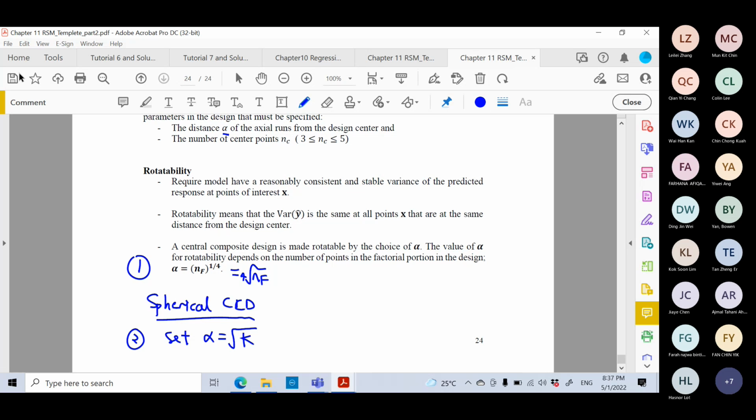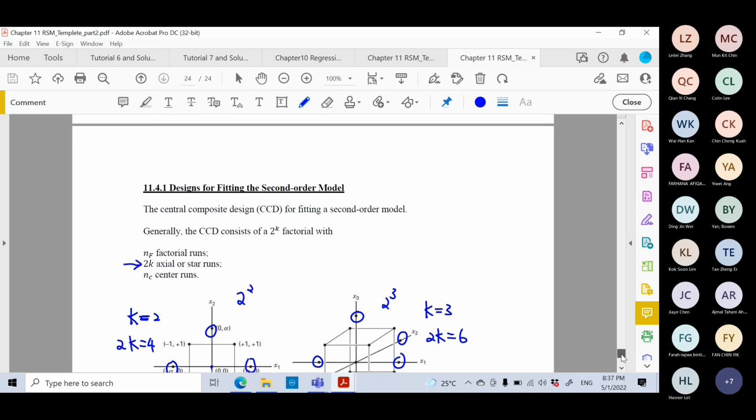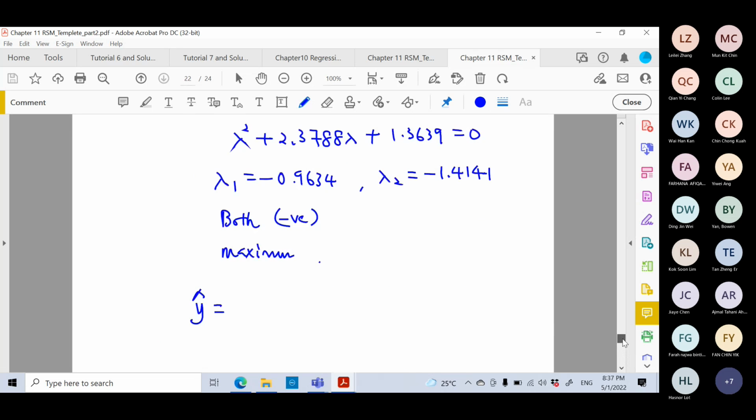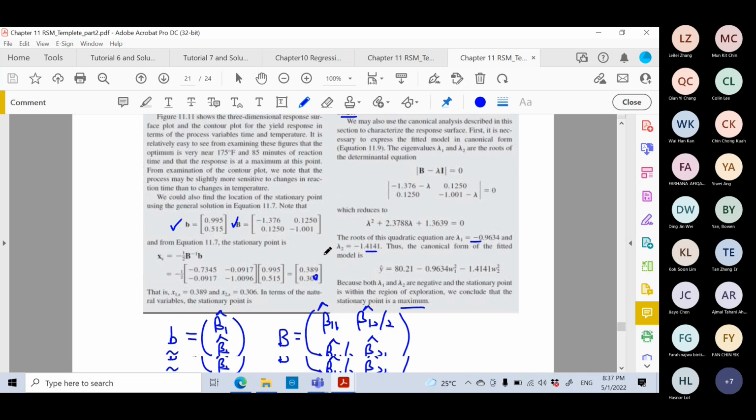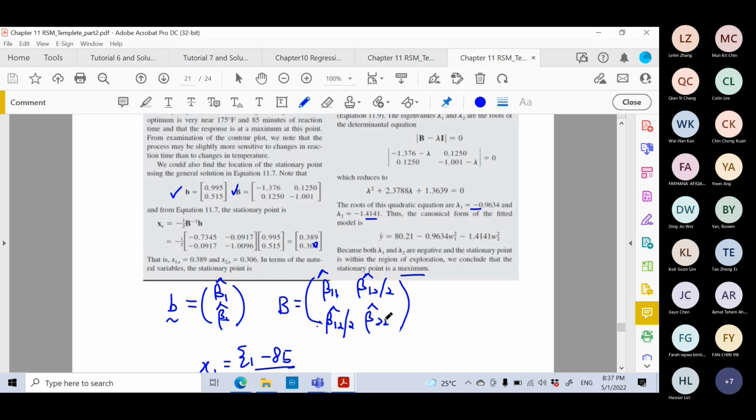Okay. So this one will be the last part for the response surface methodology. When you go back, you can try out how to fit the regression equation for this one, so that you can get your beta 11 and beta 22. You can try it out first.